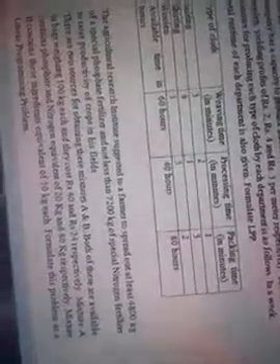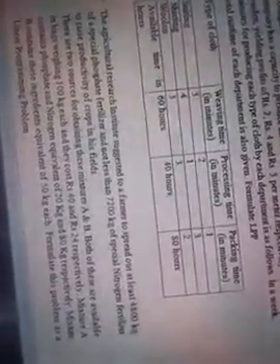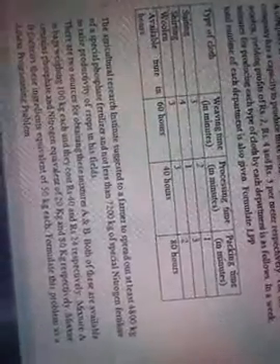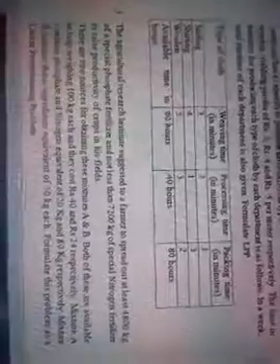Mixture A contains phosphate and nitrogen equivalent of 20 kg and 80 kg respectively. Mixture B contains these ingredients equivalent of 50 kg each. Formulate this problem as a linear programming problem.